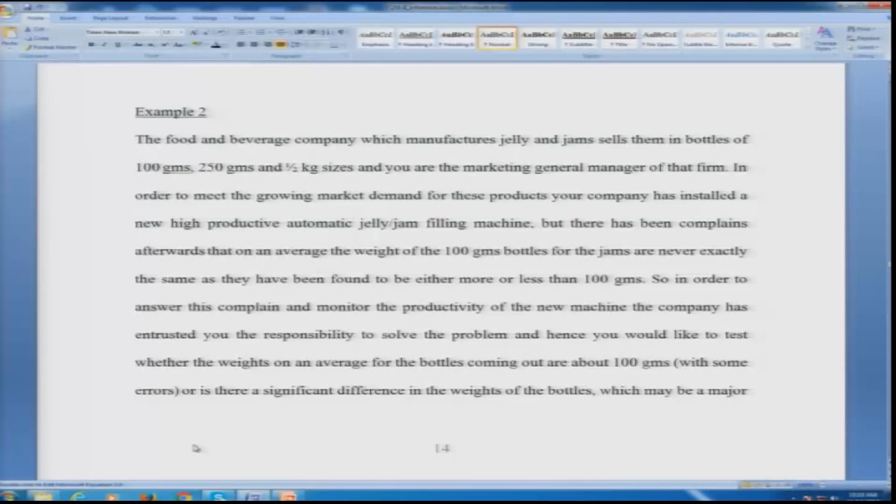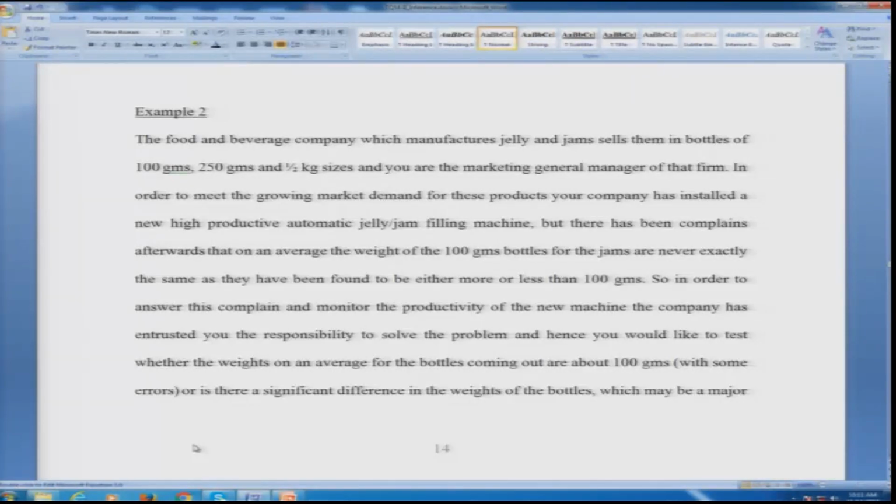Example 2. The food and beverages company which manufactures jelly and jam sells them in bottles of size 100 grams, 250 grams and half kg sizes, and you are the marketing general manager of that firm. In order to meet the growing market demand for these products, your company has installed a new high productive automatic jelly jam filling machine, but there have been complaints afterwards that on an average the weight of the 100 gram bottles for the jams are never exactly the same, as they have been found to be either more or less than 100 grams.